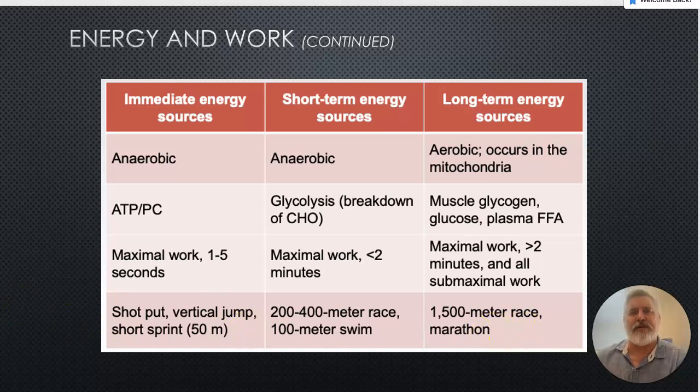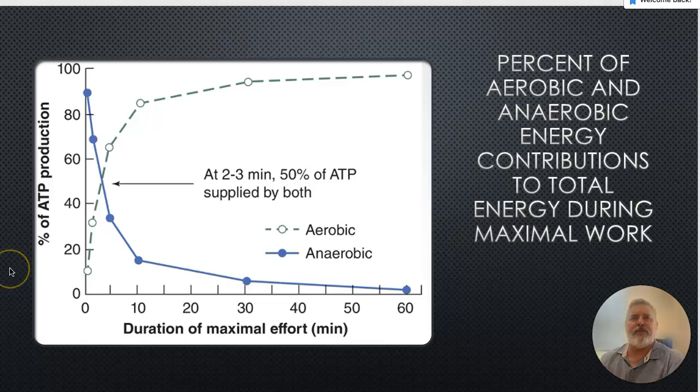Let me show you a graph that might help explain this. So initially, if you're going to do any activity, to take that first step, you have to have some ATP present. So we have ATP present in very small amounts, and we also have creatine phosphate in small amounts, and we can produce ATP through this creatine phosphate.